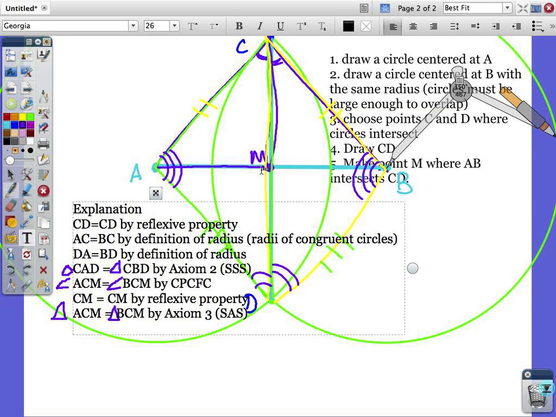So that means that AM is congruent to MB, or BM, whichever, by CPCTC. Therefore, M is the midpoint of AB.